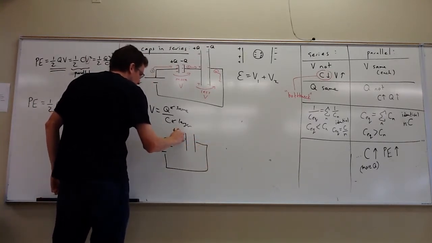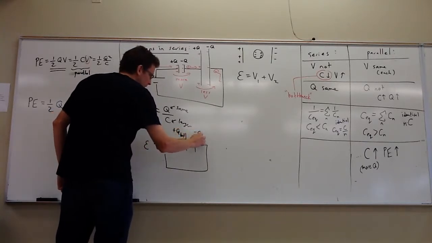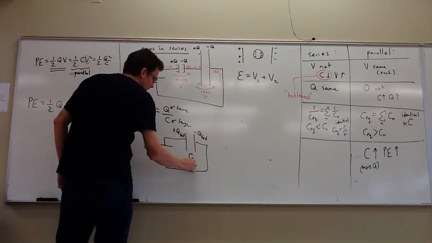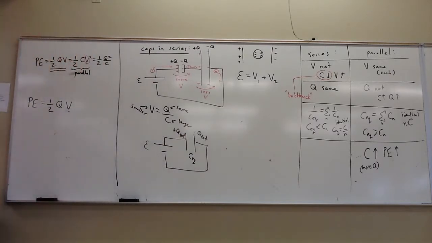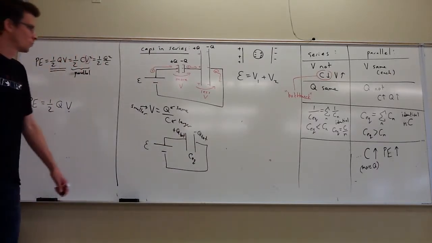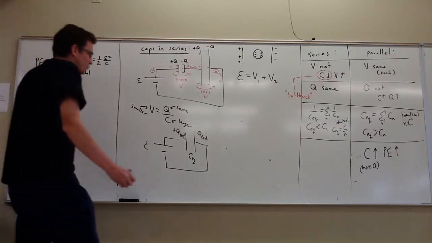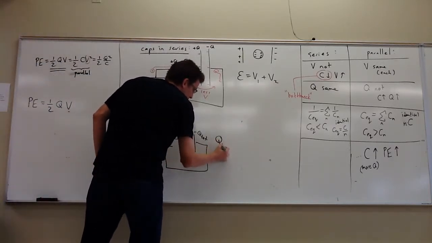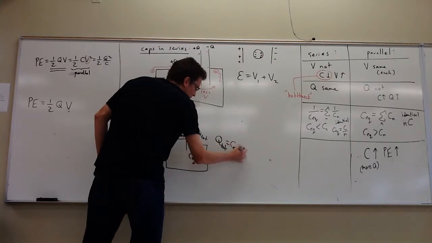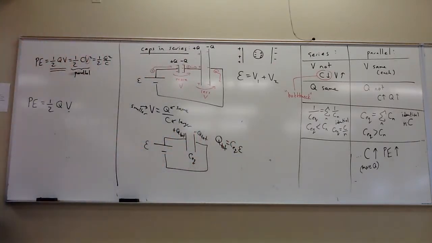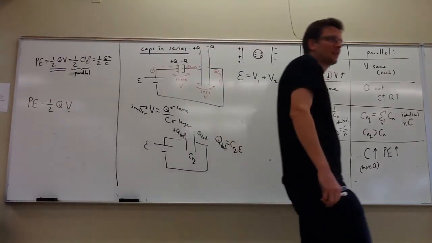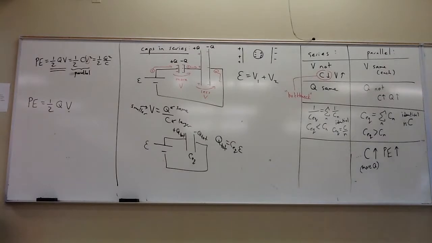This is plus Q total, minus Q total. This is C equivalent. Once again, we can apply our equation for the equivalent as a whole. So how much charge have we really separated, plus Q total and minus Q total?